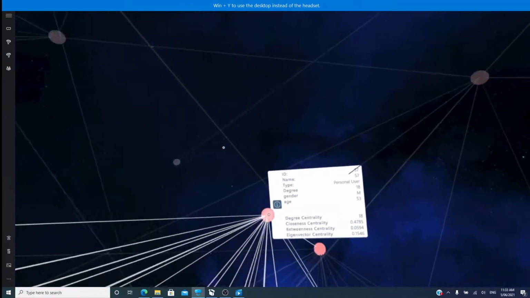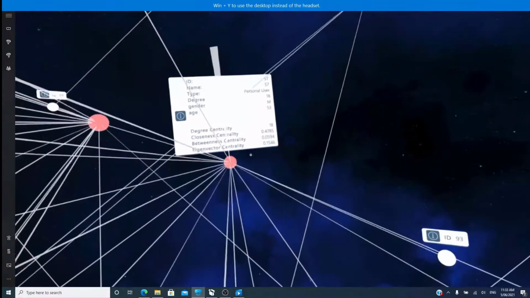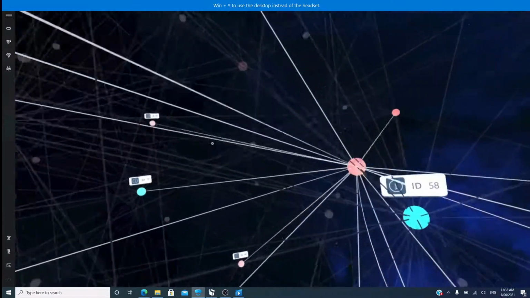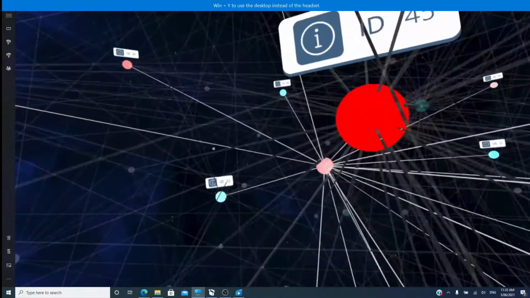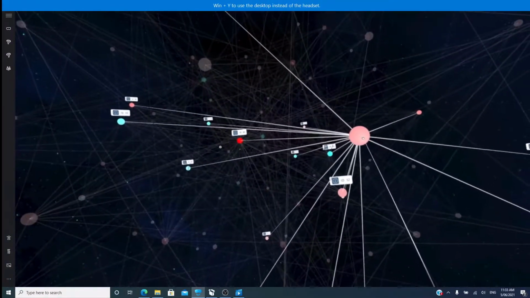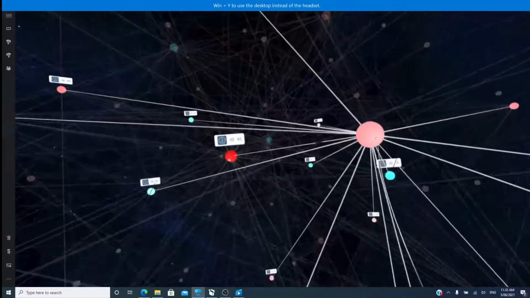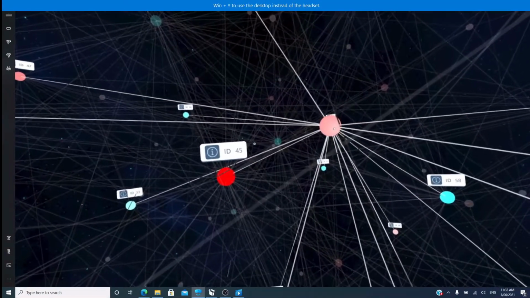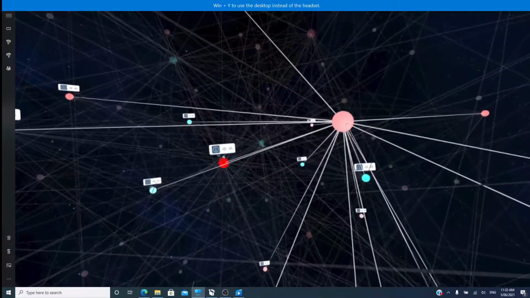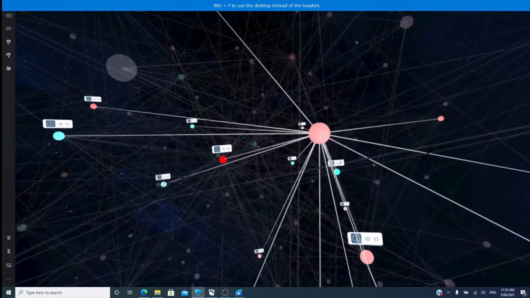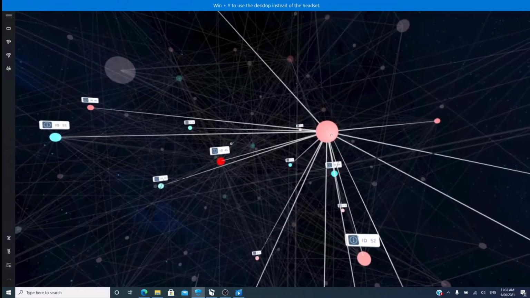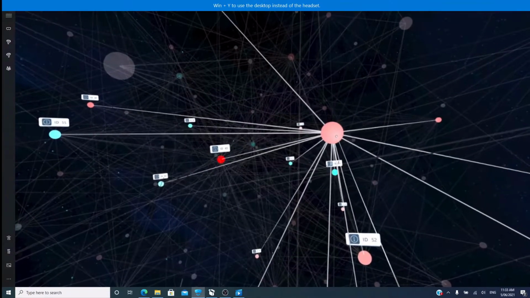So let's look at node 57. It seems node 57 connects to more important nodes. So do you guys remember this node is the most important node in this network? So you just found that node 57 is a neighbor of a very important node according to degree, but that doesn't happen with node 50.